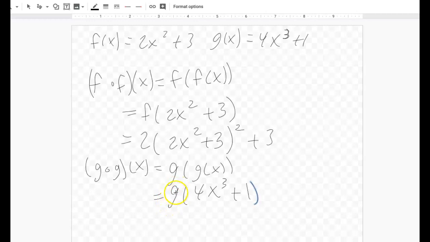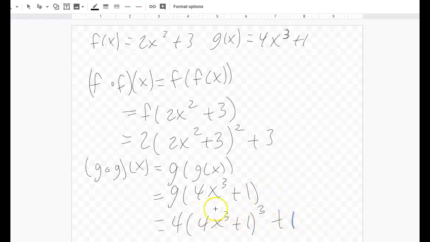I'm not just ignoring it in either of these cases, I'm still writing it down. And then as soon as I evaluate what's inside the spot for x with that function, note that g is gone. So I'll have 4 times 4x cubed plus 1 cubed plus 1.